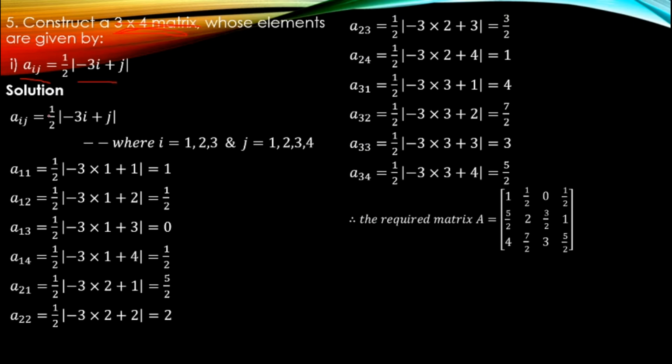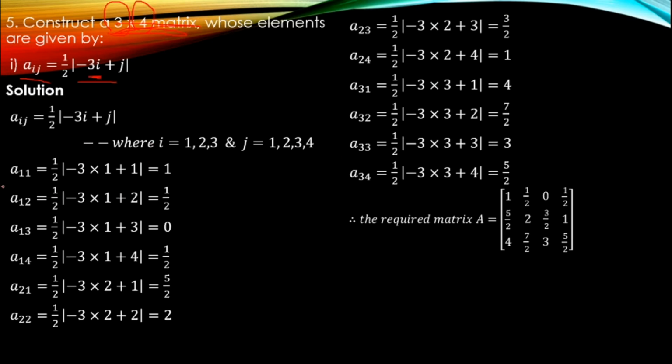Fine. When we start, can you tell me what will be the values of i? 1, 2, 3. Yes, the number of rows is 3, so the value of i will vary from 1 to 3. Now what will be j's value? 1, 2, 3, 4.